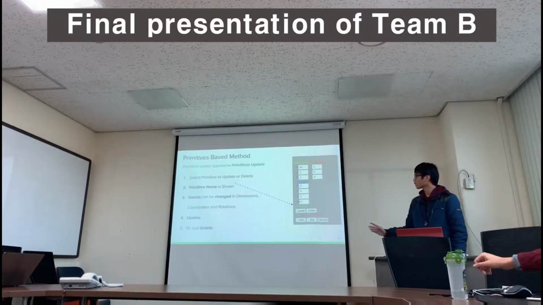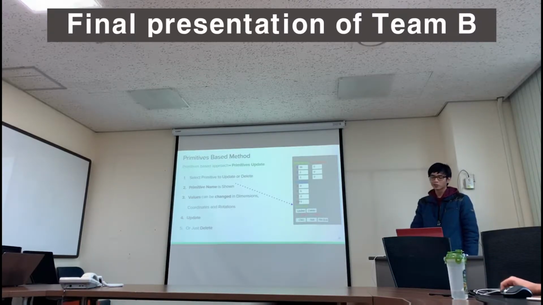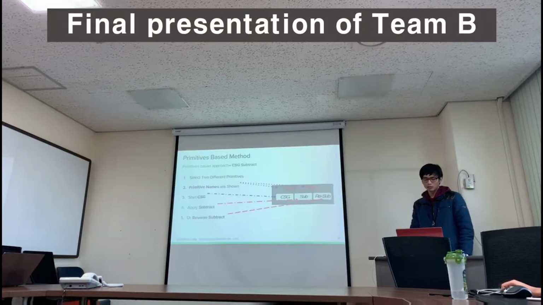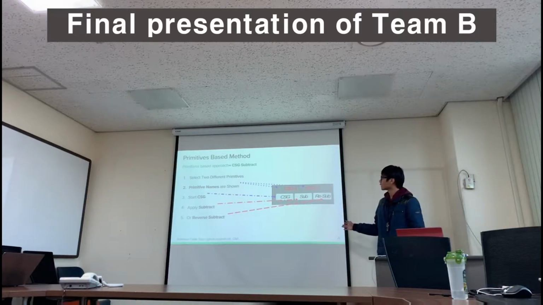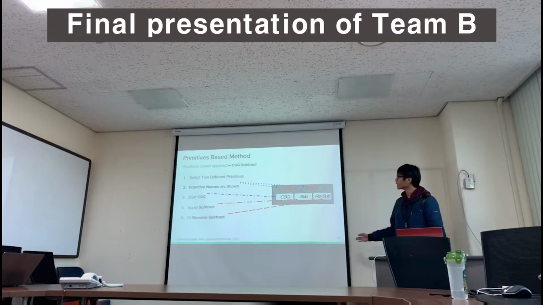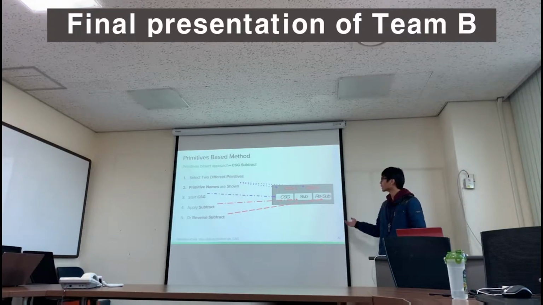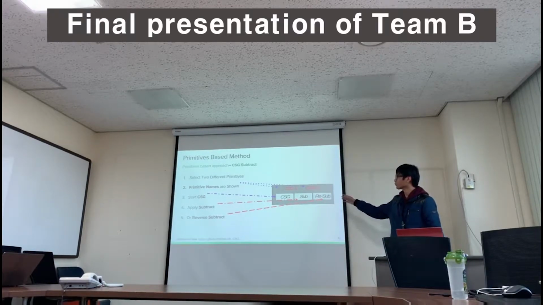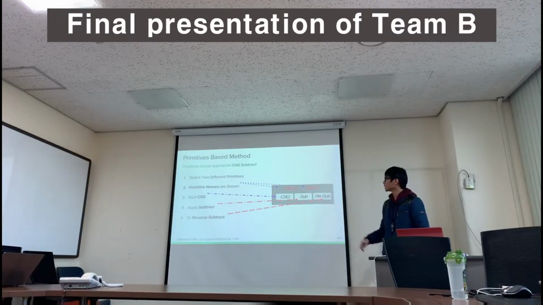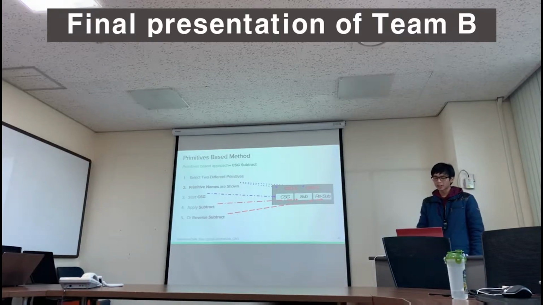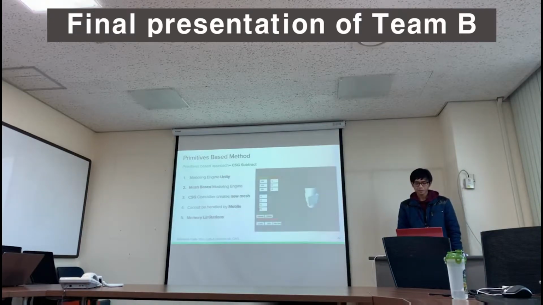Then we just click update or delete to create or remove the solids. So this is just if we want to further edit the solid, we select the 2 different primitives first. Then the primitive name will be shown, the ones that you selected, and then you can start your CSG operation to subtract or reverse subtract the solids.